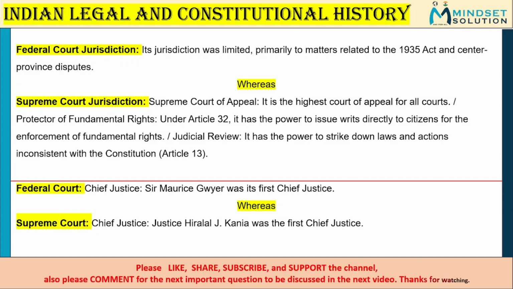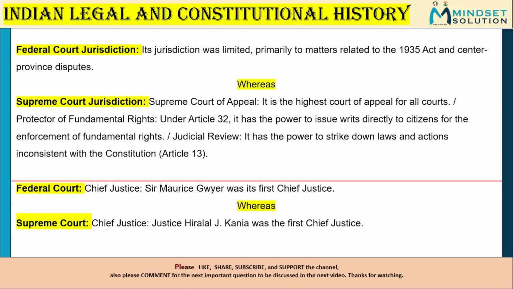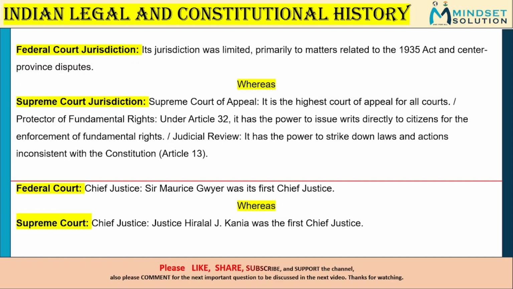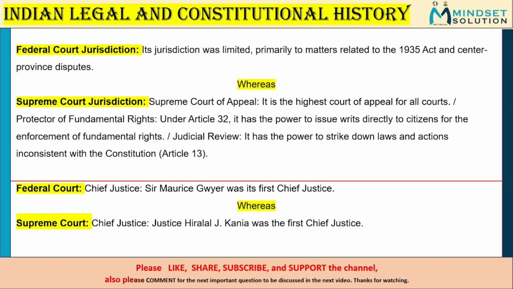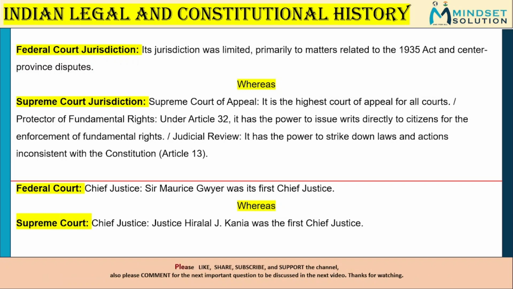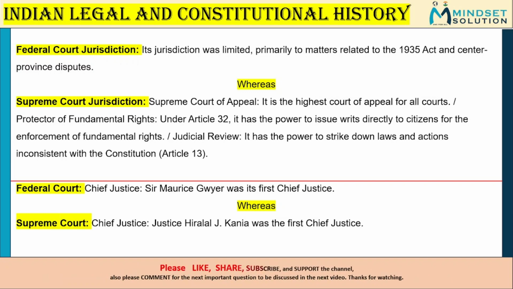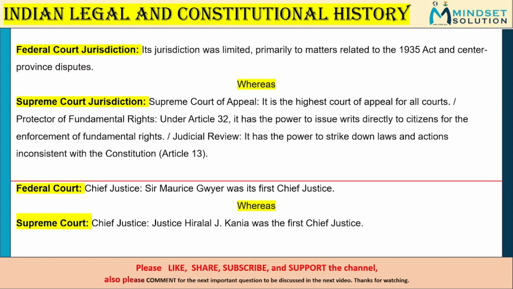So in this point, we have understood that the Federal Court had limited power to resolve the problems of the center and provinces only, but the Supreme Court has lots of power to protect fundamental rights according to Article 32.